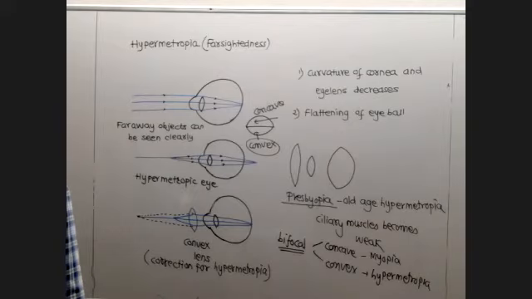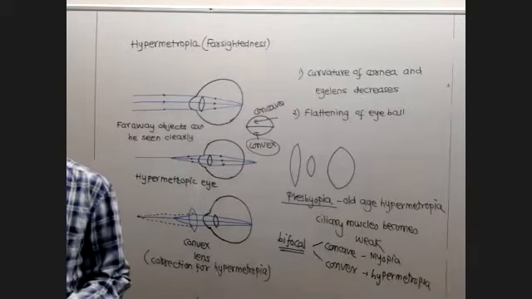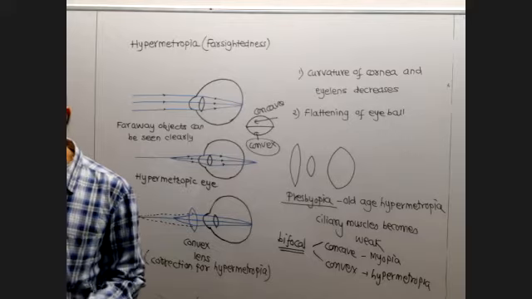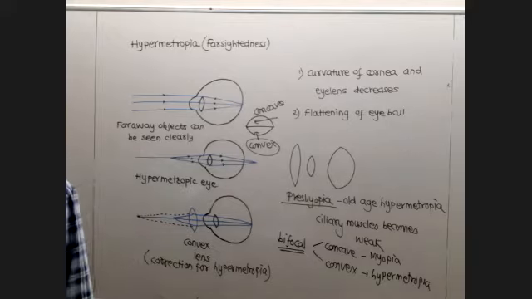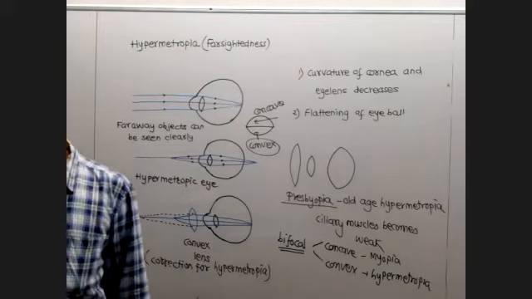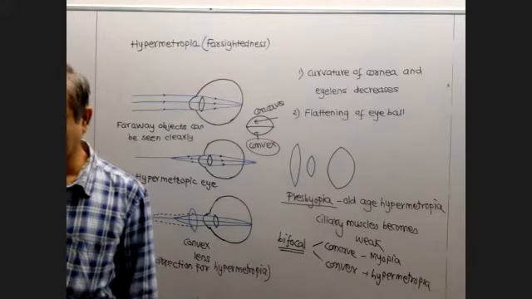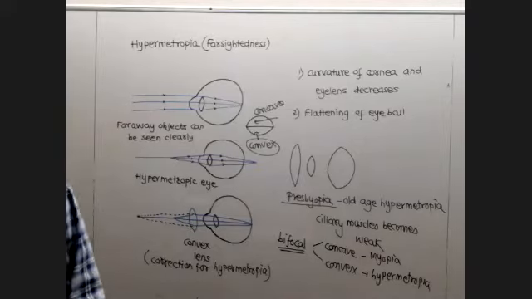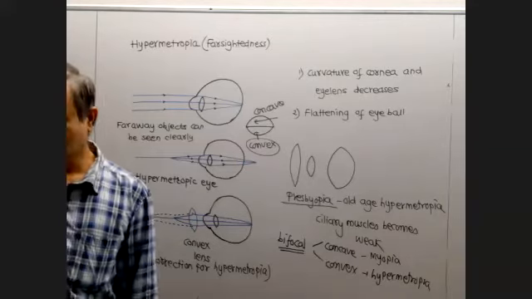Second point, a person with hypermetropia can see distant objects clearly, but cannot see nearby objects.